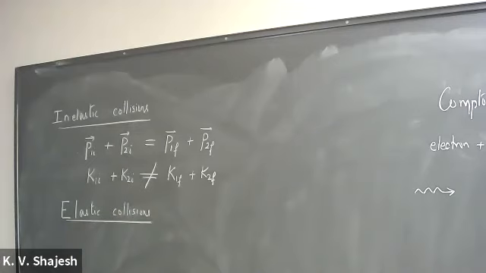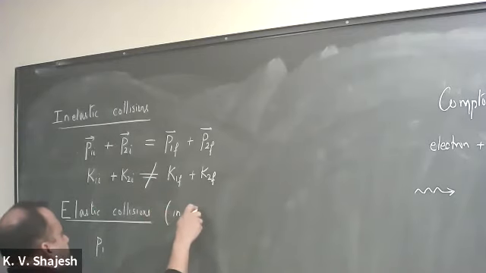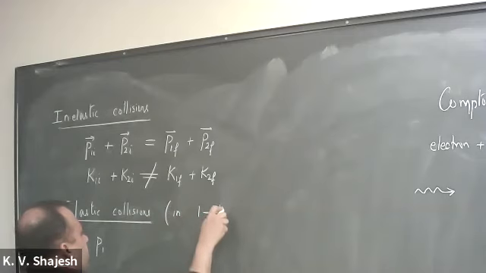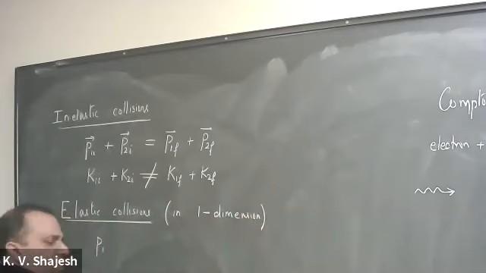Elastic collisions have the feature that this not-equal sign is released and made an equal sign. Let's stick to elastic collisions in 1 dimension. That means before and after the collision, they are all going along the same line.